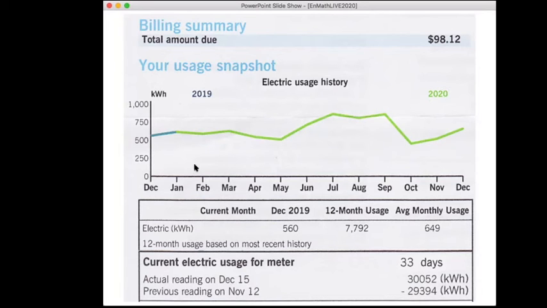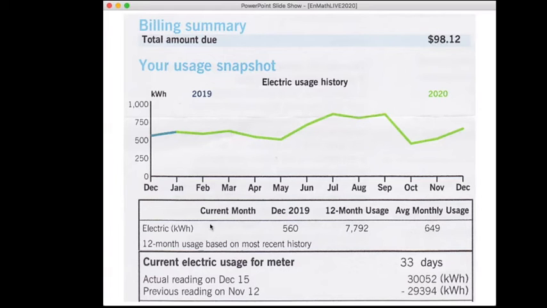So you see some seasonal changes here. And then underneath that, they actually give me some great data if I actually care about my energy usage. They tell me how much I used in the same month last year. They tell me my total for the year. And of course, they can divide that by 12 and give me my average monthly usage.